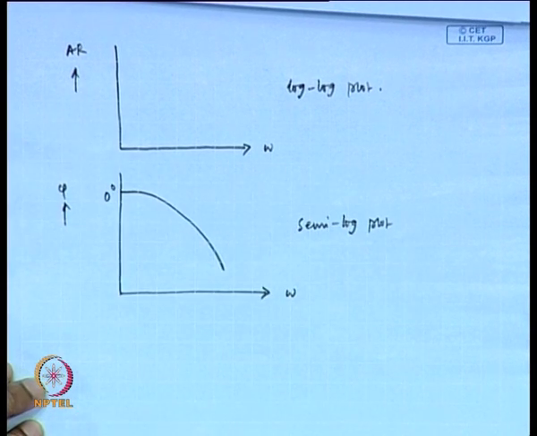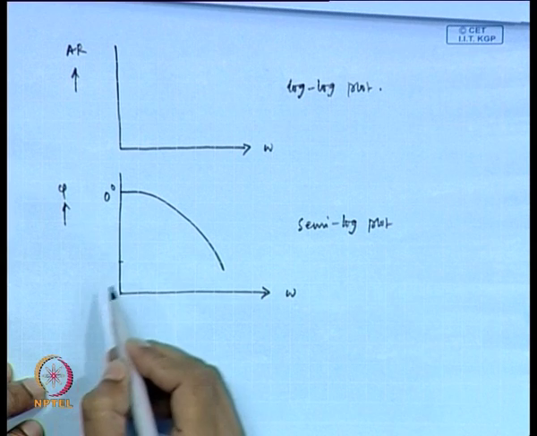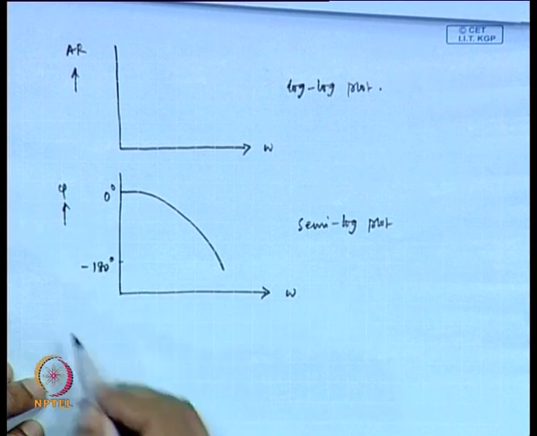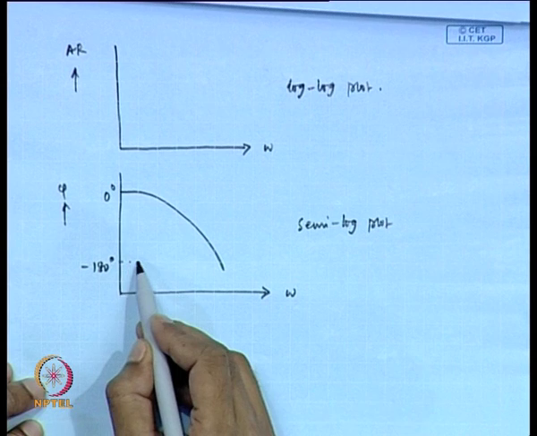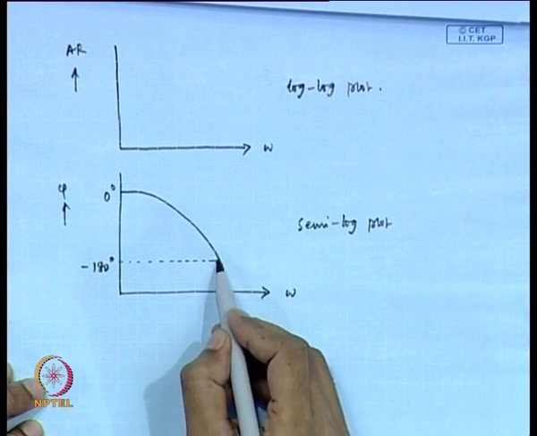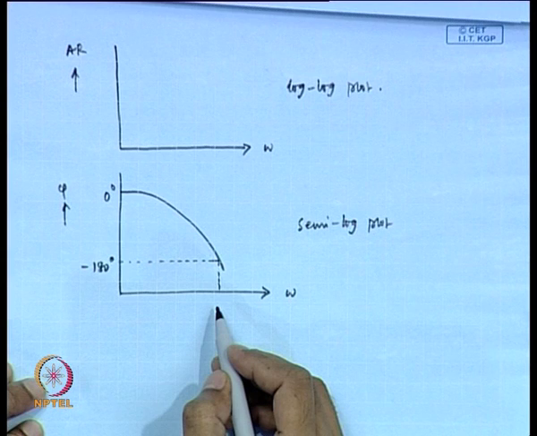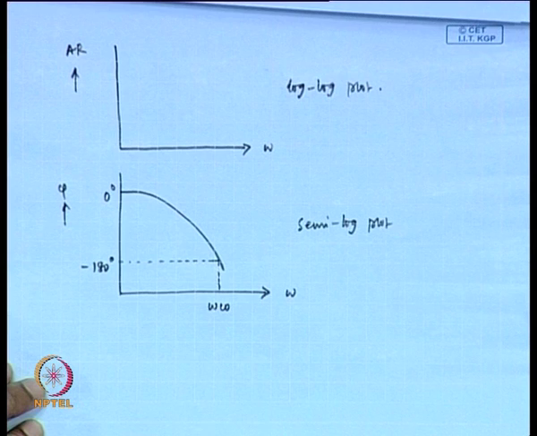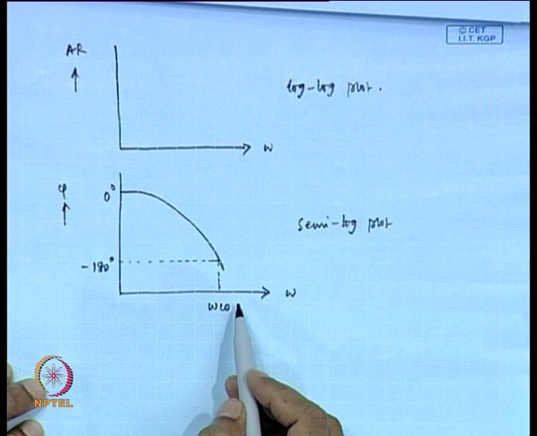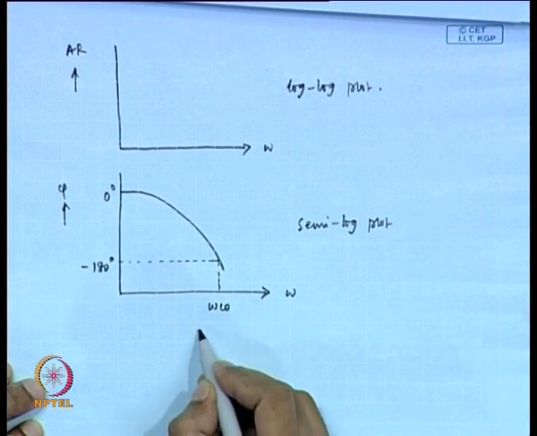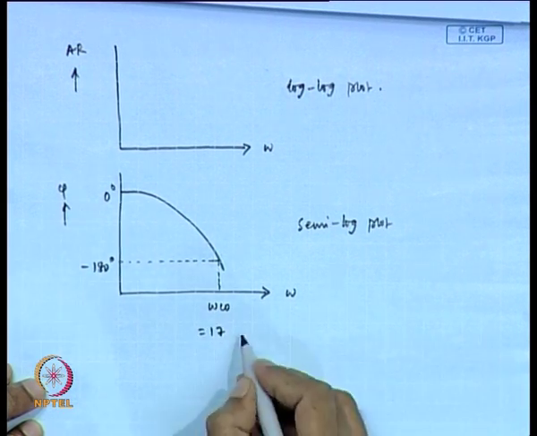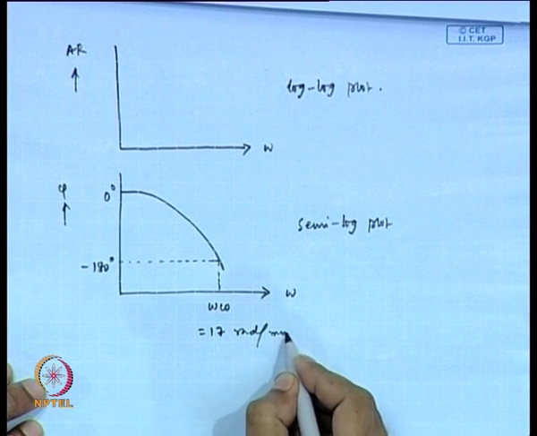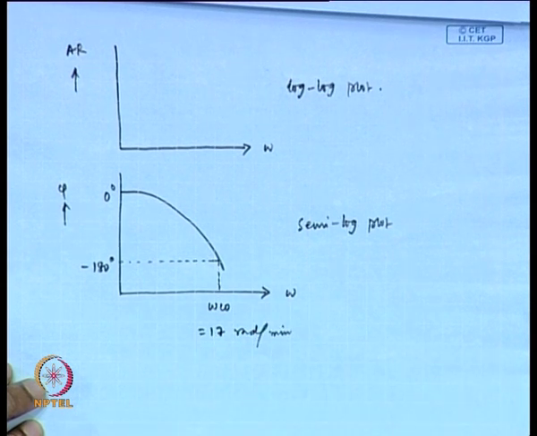This is 0 degree. Now, at phi equals minus 180 degree, we obtain the omega, which is omega CO. This is crossover frequency. The frequency at phi equals minus 180 is crossover frequency, and this we obtain 17 radian per minute, correct.